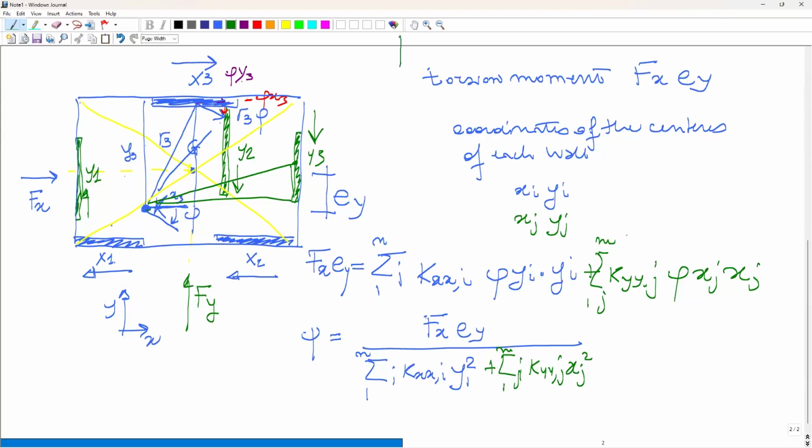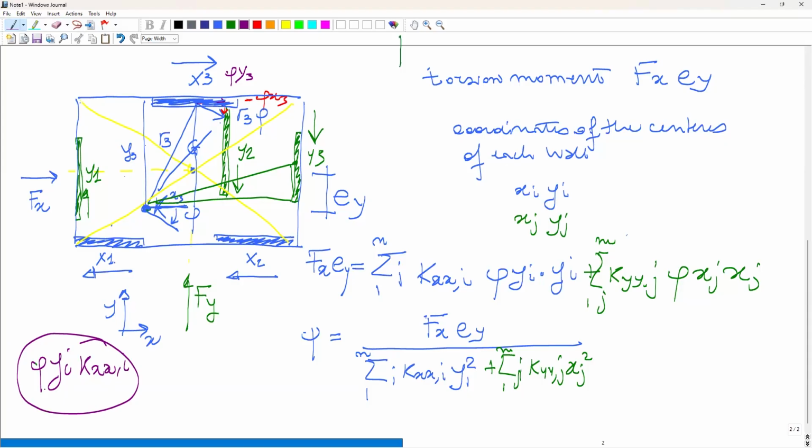So if this force here is phi yi times kxi, this is the contribution of the force in each wall.